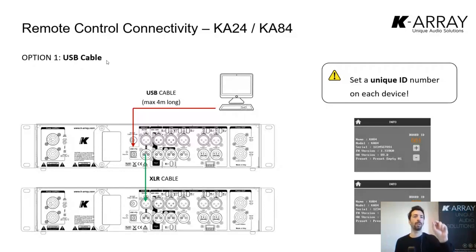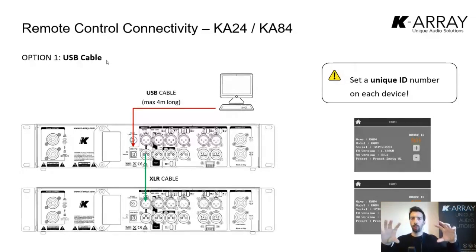So you enter with the USB cable in the first one, and then you exit with an XLR cable, and you get in the next one, and in the next one, and in the next one. Pay attention to something.